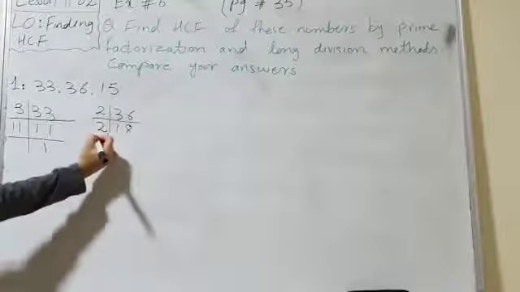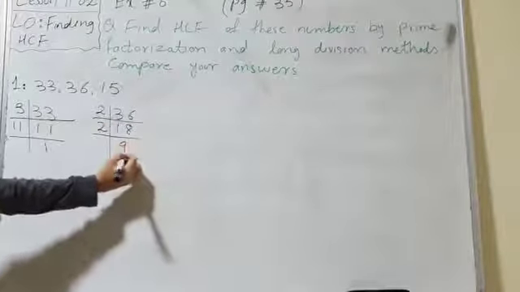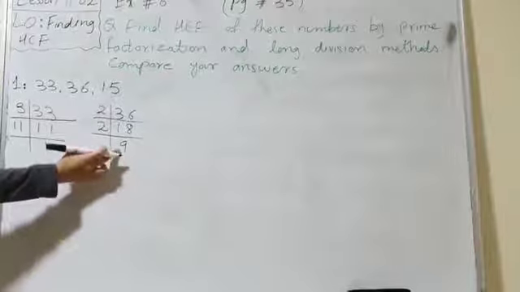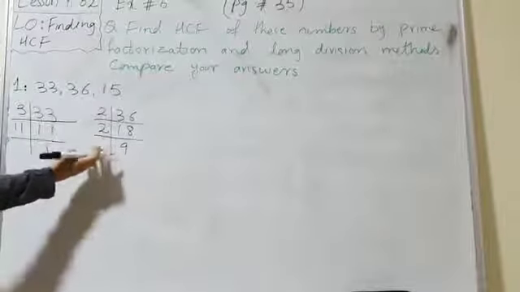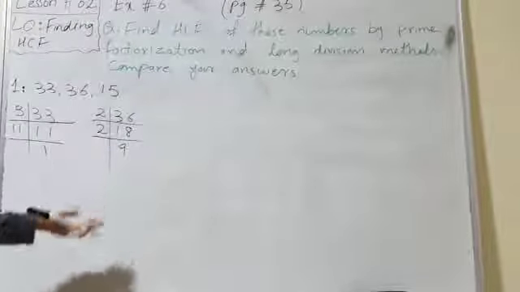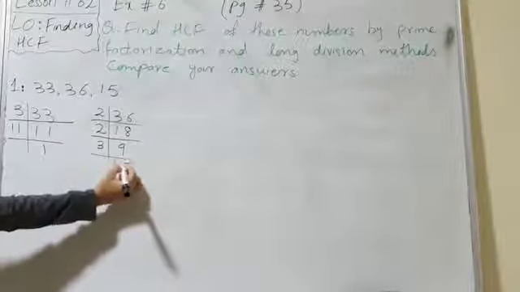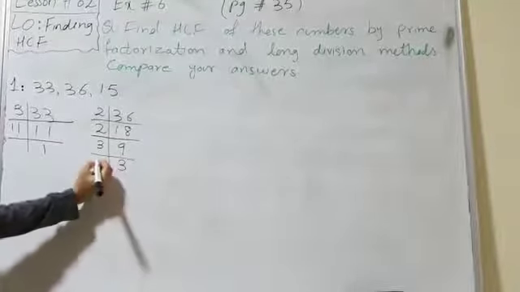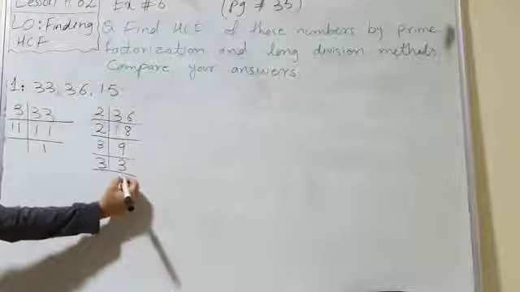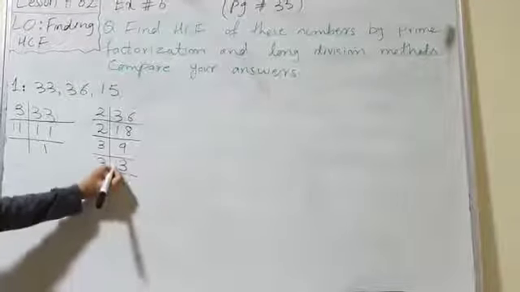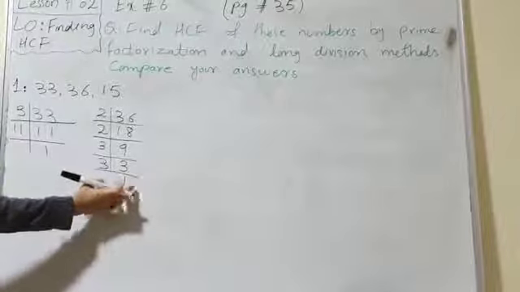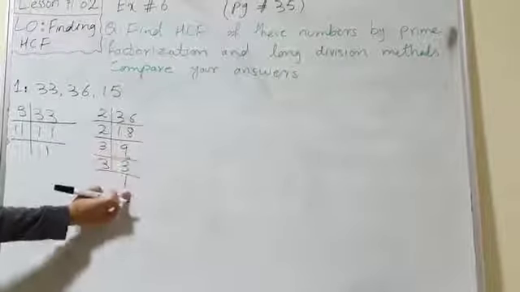Now again 2 nines are 18. Now we have 9 here, and 9 is not divisible by 2. So let's take the next prime number, which is 3. 3 threes are 9, and again 3 is divisible by 3. So 3 ones are 3. That's how you will make the ladder for 36.